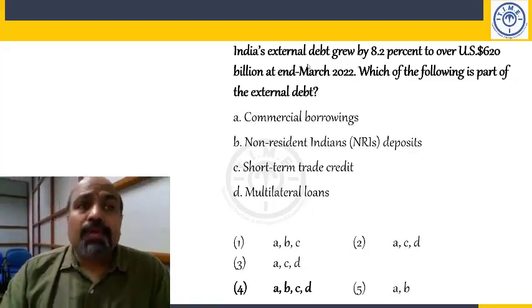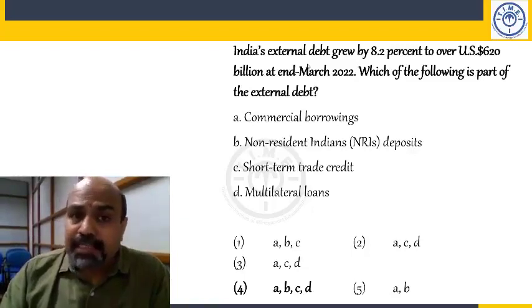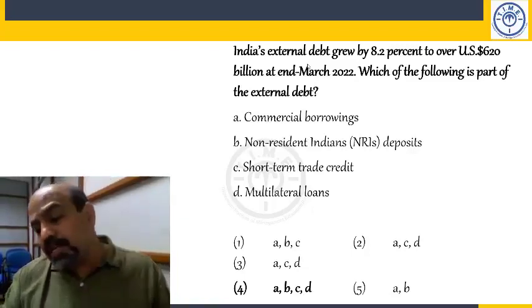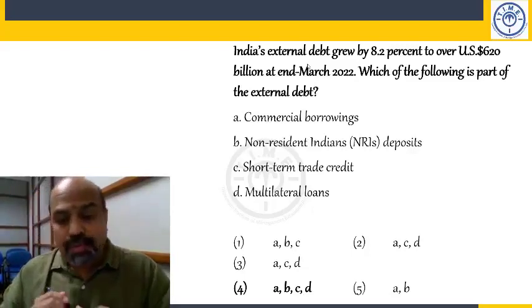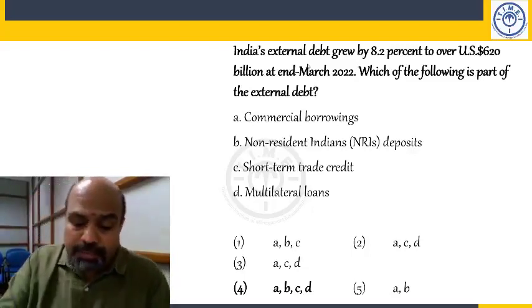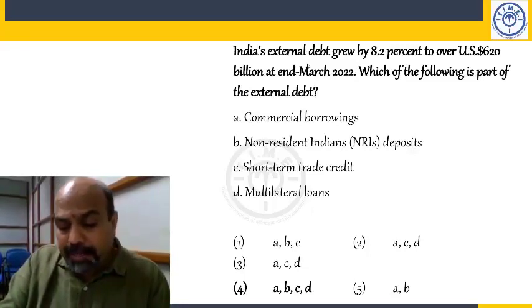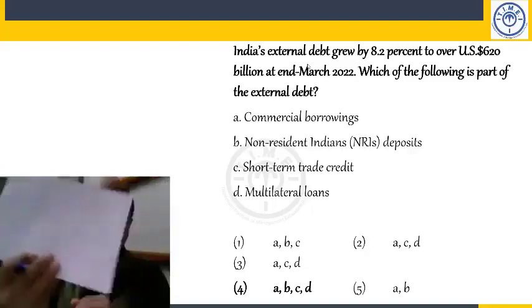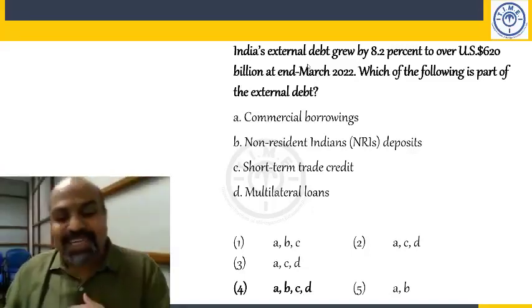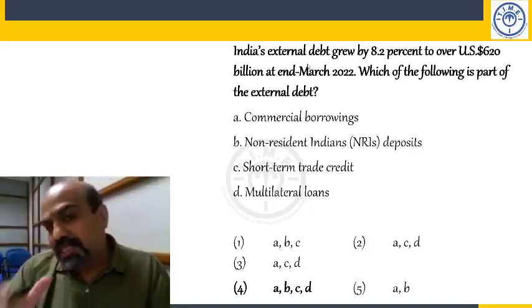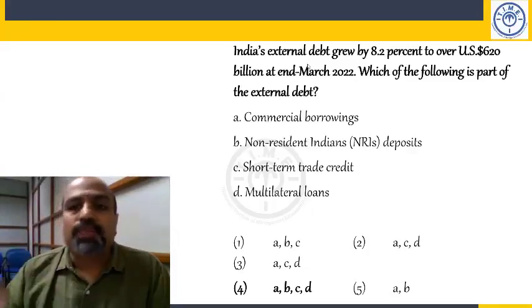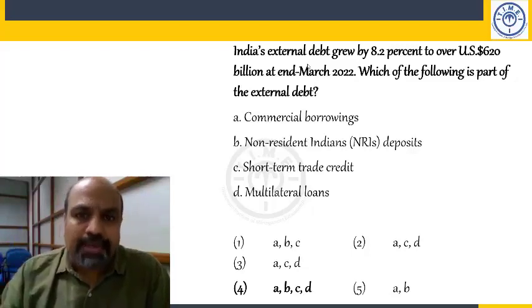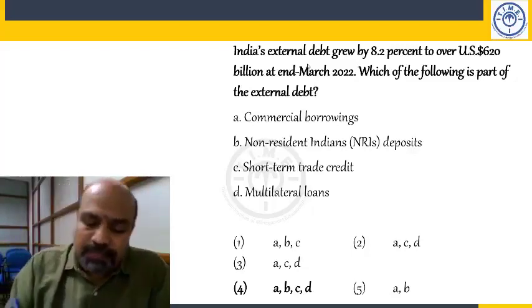First point, external debt to GDP ratio, ED to GDP ratio, 19.9%. I'm also writing so that I have flow. So this is the money that India owes the world, and this forms nearly 20%, 19.9% of India's GDP.